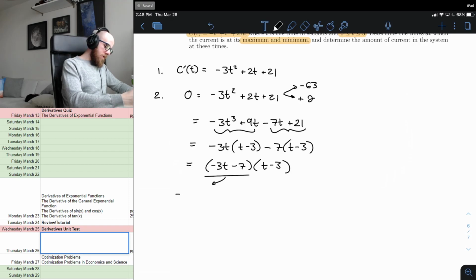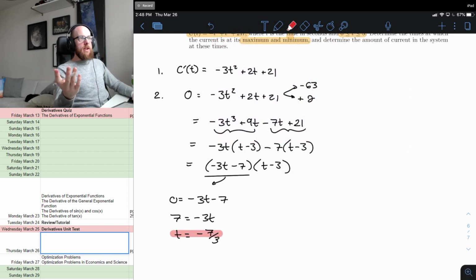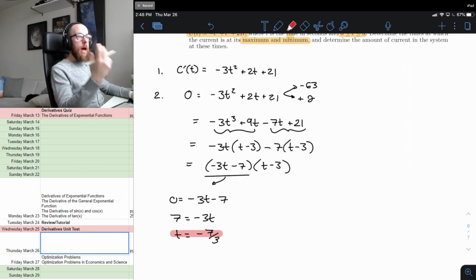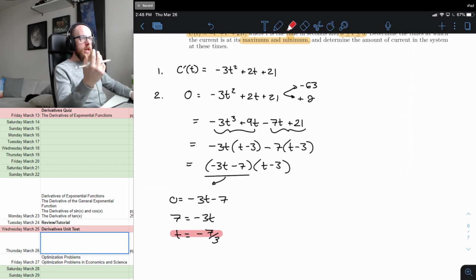So 0 is equal to negative 3t minus 7, which means that 7 is equal to negative 3t, which means that t is equal to negative 7 over 3. And I look at this and I say, what in the world, right? Because t can't be negative. So mathematically we found a solution that can't really exist physically.